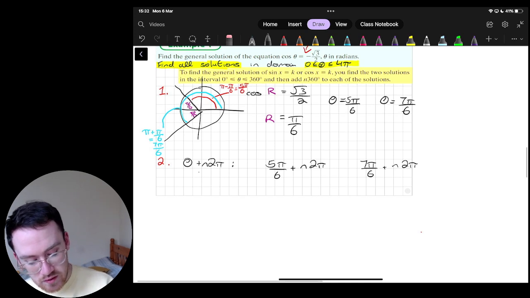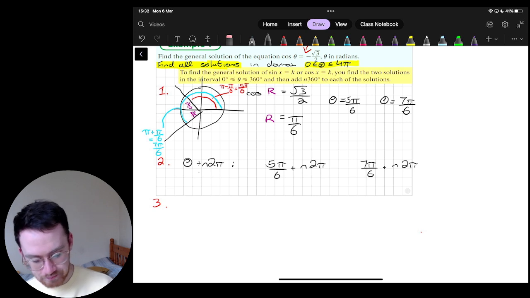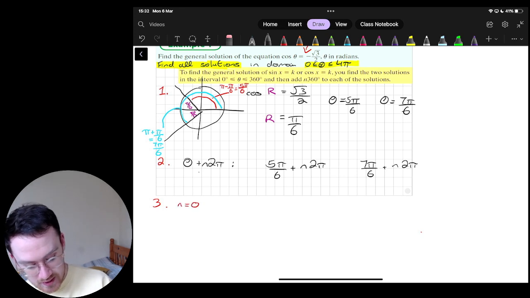Now, as part of the third part, we're given a specific domain that we have to find our answers in. So our answers for theta are going to be between 0 and 4 pi. So let's have a look. If we say n is equal to 0, I get my 5 pi over 6 and my 7 pi over 6.